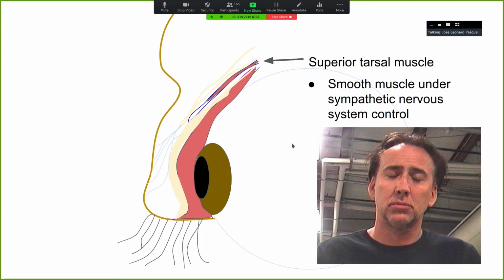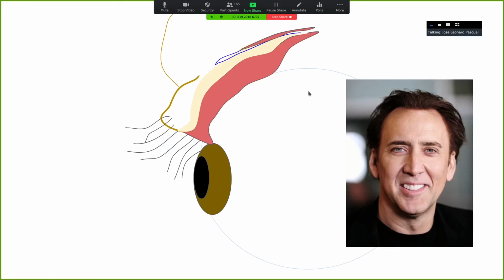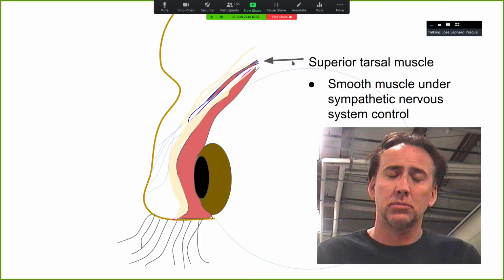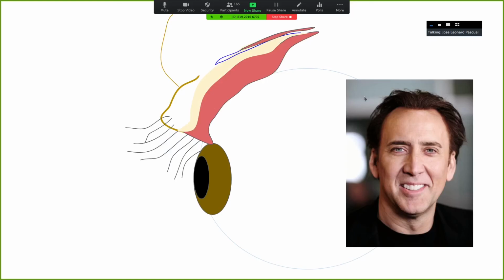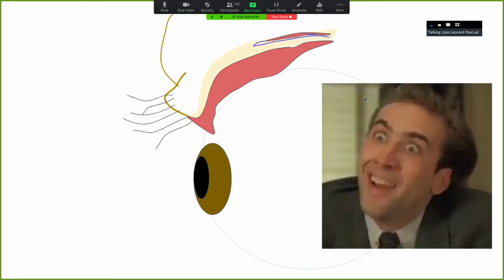When you're at a normal state of mind or emotion, it helps maintain the tone. So it tells you how excited you are. That superior tarsal muscle. But if you're extremely agitated, like this, that extra white of the eye seen here is because of your superior tarsal muscle.